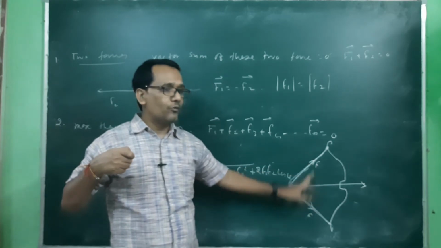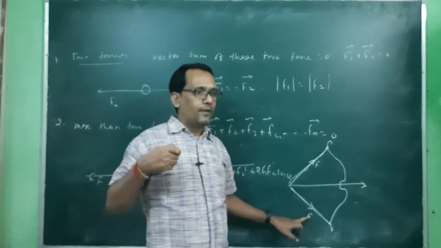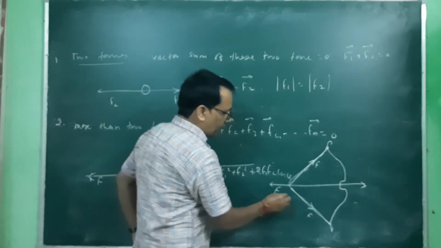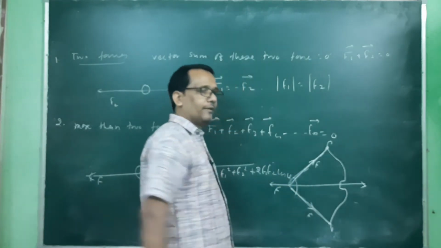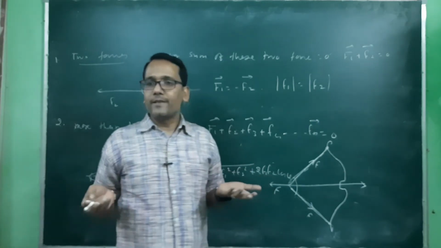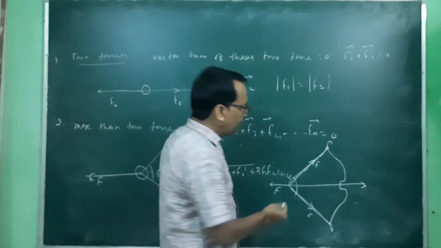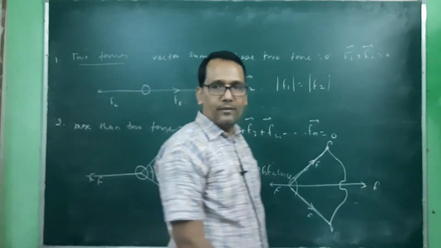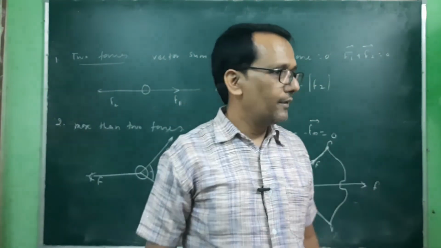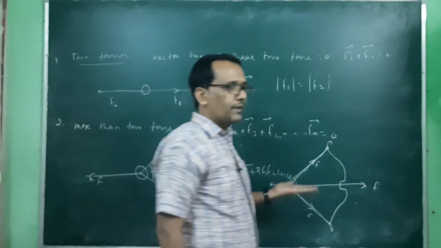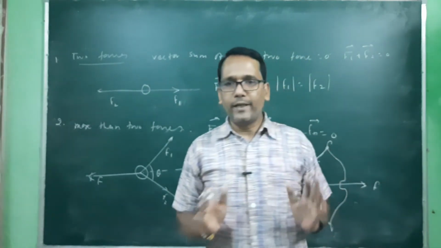F1 और F2 का जो रिजल्टेंट है, जो इस स्ट्रिंग पे टेंशन होगा, that is T, both will be identical. इतना फोर्स हमने इस डायरेक्शन पे करके रखा हुआ है। If this angle is given, अगर ये एंगल पता है तो we can calculate this. जैसे हमने उसको रिलीज किया, मीन्स अब वो सिस्टम इक्विलिब्रियम में नहीं है। तो इन दोनों का जो रिजल्टेंट फोर्स है, ये इस डायरेक्शन पे मोमेंट है। Okay, so such types of cases we may have in different numerical problems, and we can calculate the resultant force on any system. और हम चाहते हैं कि that is in equilibrium, means we have to calculate the net force is zero.